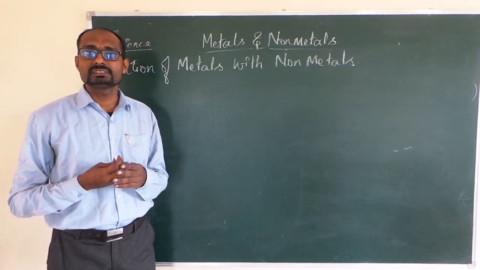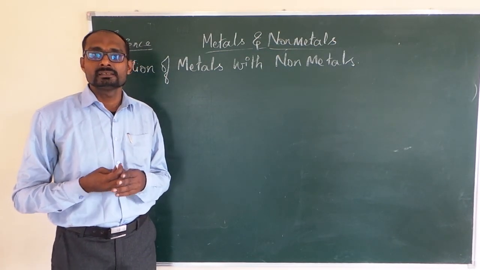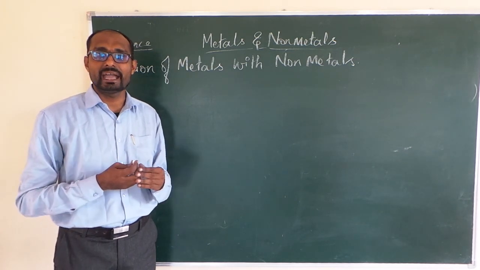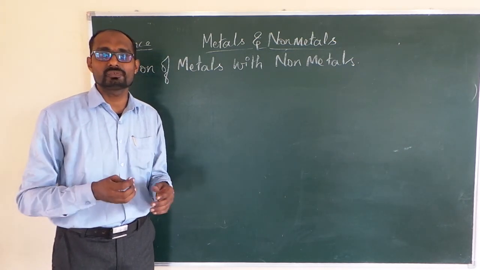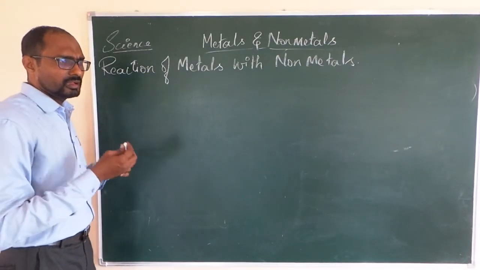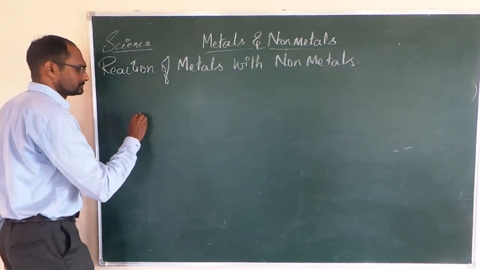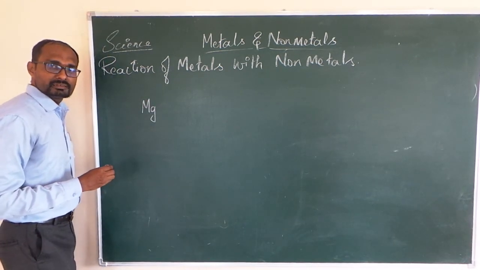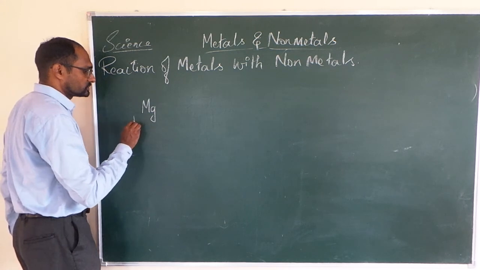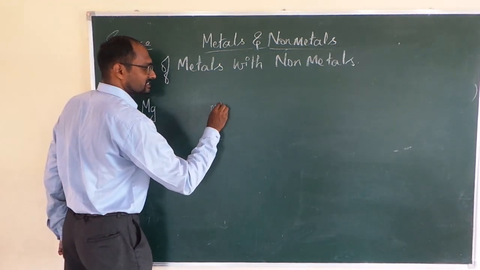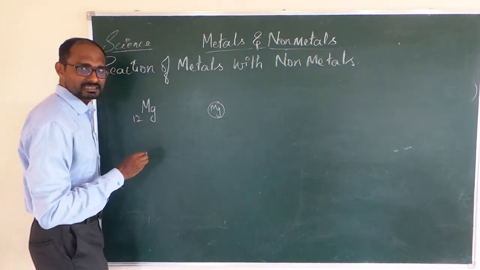Electronic configuration is nothing but the arrangement of electrons in different shells or orbits of the atom. Suppose I take a metal like magnesium, we all know very well that magnesium's atomic number is 12.